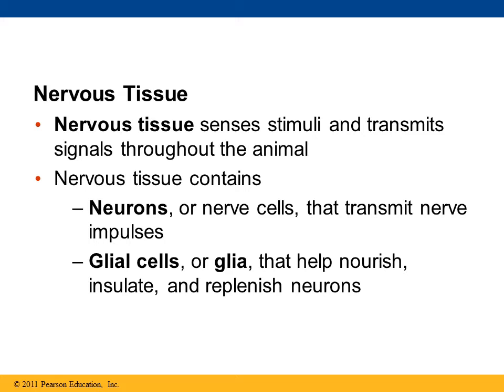So the nervous tissue is responsible for sensing something that causes a response and transmitting a signal throughout the animal to create that response. Now, nervous tissue contains neurons or glia cells. The neurons or nerve cells transmit nerve impulses, where the glia help nourish, insulate, and replenish the neurons.